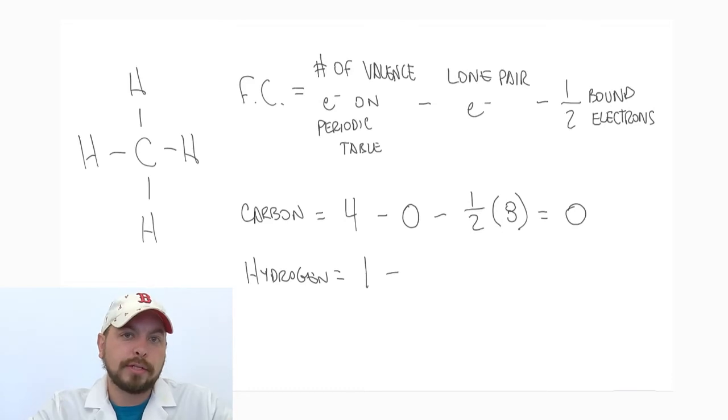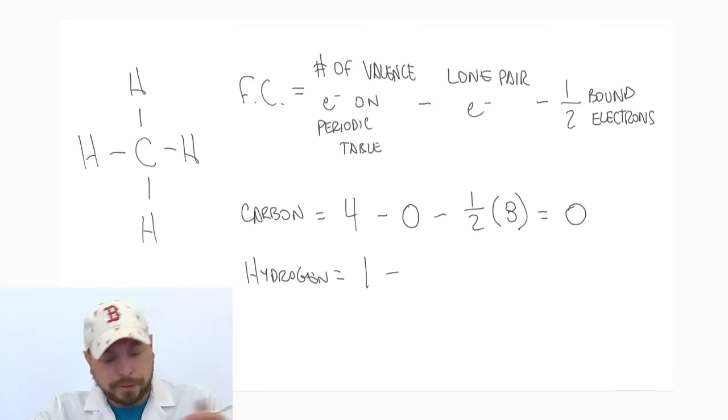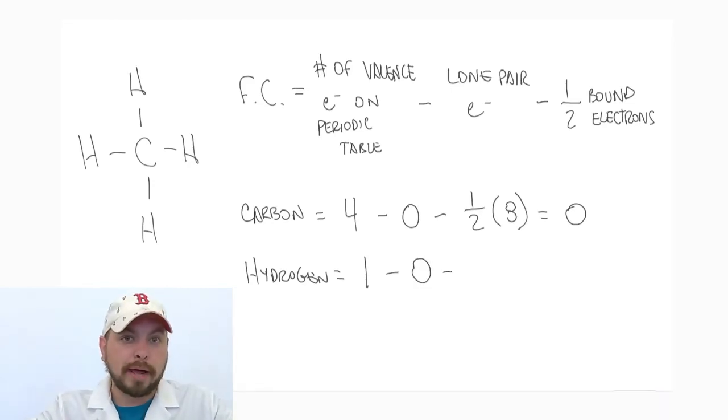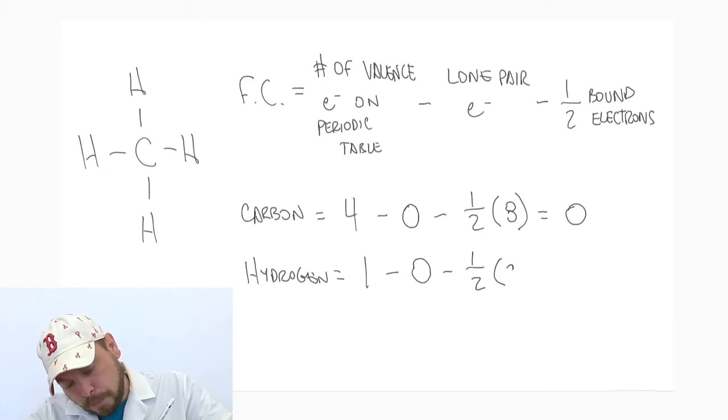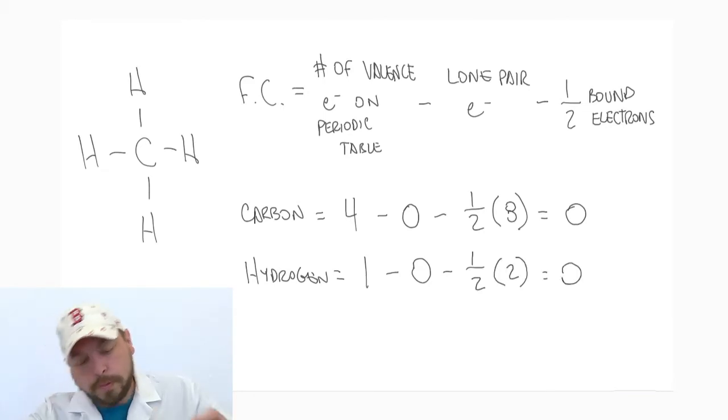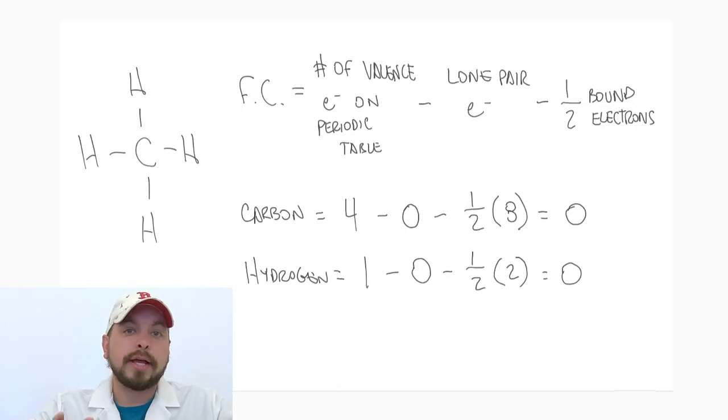So hydrogen, in this case, has 0 valence electrons in lone pairs. And each hydrogen owns 1/2 of the electrons in each bond that it has, which in this case only is 1. Each hydrogen only has the 1 covalent bond, so that's 1/2 of 2 electrons. This means that each hydrogen has a formal charge also of 0.